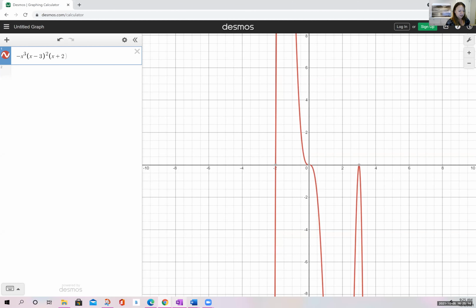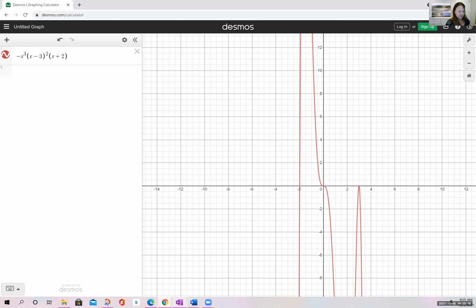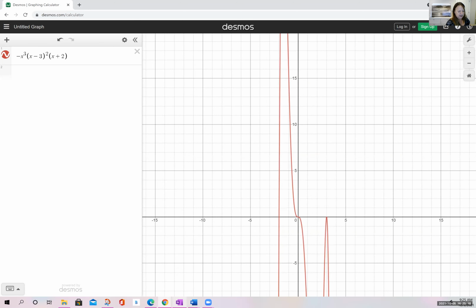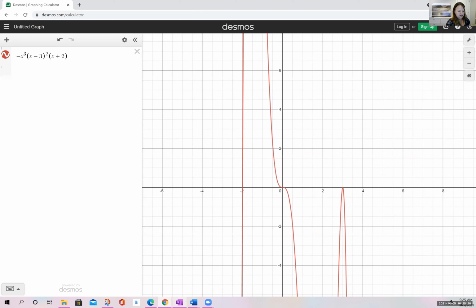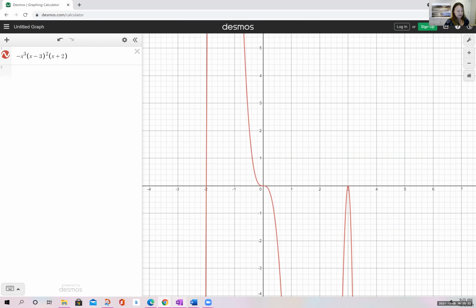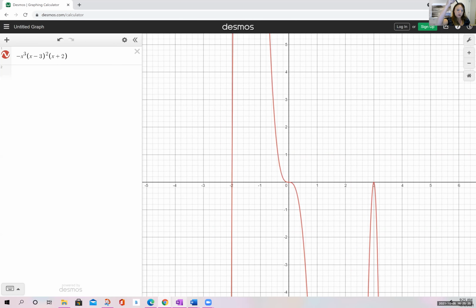Okay, so we have our function in front of us. And looking at our multiplicity, look at that x equals negative 2. The graph crosses the x-axis there. At x equals 0, the graph also crosses the x-axis. And at x equals 3, it just touches the x-axis and turns back around in the same direction as it was coming in on.